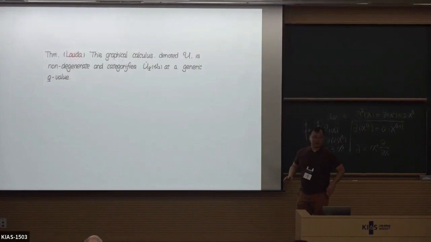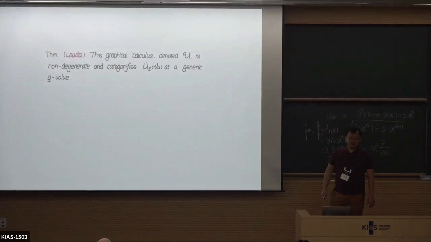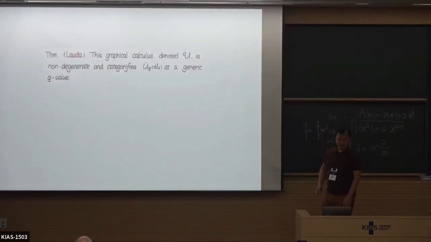In general, if you define some algebra by generators and relations, there's no guarantee; very likely you will cook up the 0 algebra if you impose too many relations. Actually this is stronger, maybe I should have erased non-degeneracy, but this is part of the proof that it categorifies U_Q SO2.